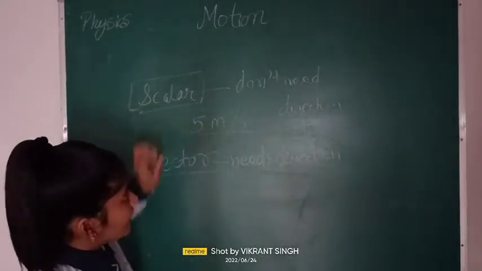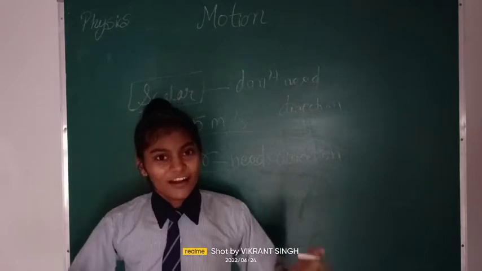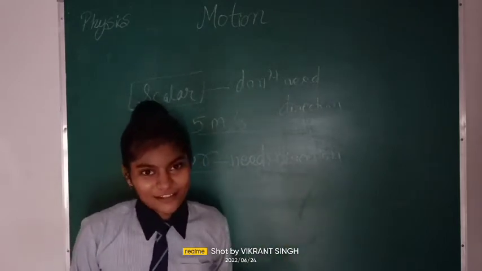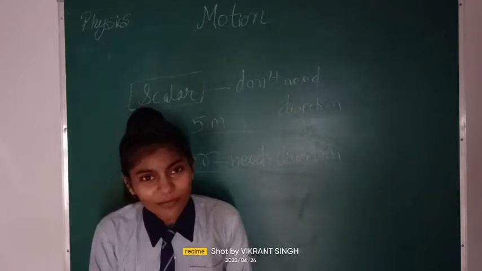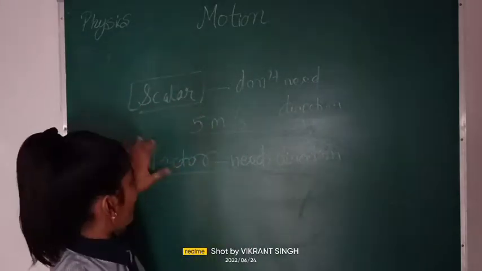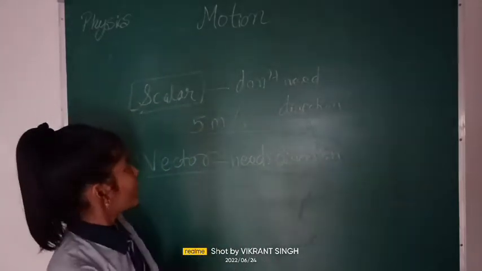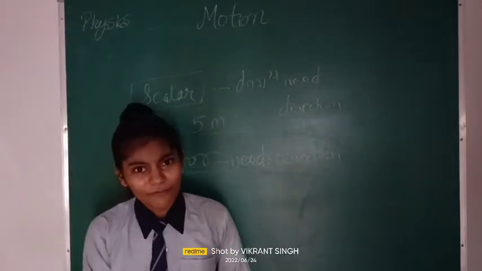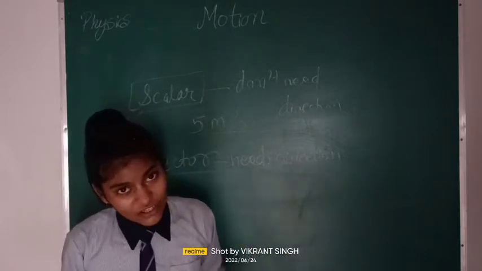So scalar quantities, talking about temperature, right? 10 degrees Celsius, 50 degrees Celsius, 30 degrees Celsius. Do you have to tell in which direction the temperature is? No, right? You just have to tell the magnitude. And for example, the speed, let's say 50 kilometers. Did you have to tell the direction of the path?